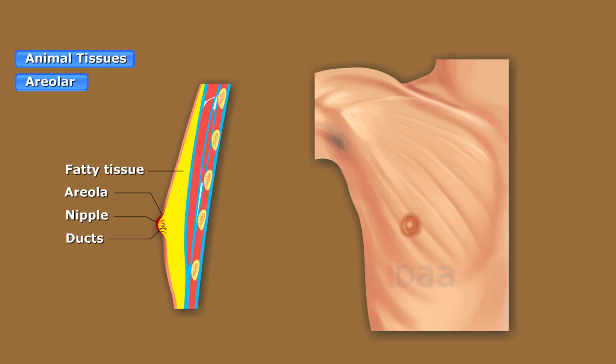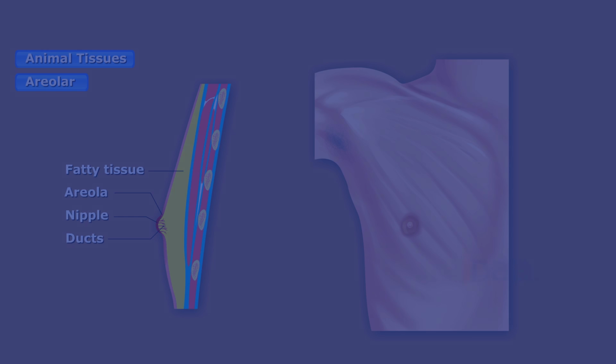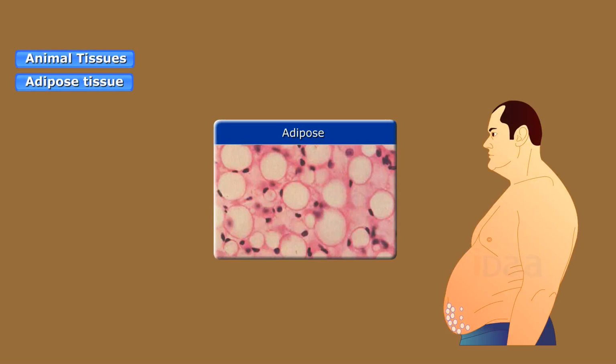It keeps the organs in place. These cells also help in repair of the tissues when they are injured. Adipose tissue. It is found below the skin and between internal organs. The cells of the tissue are filled with fat globules. Storage of fats acts as an insulator.